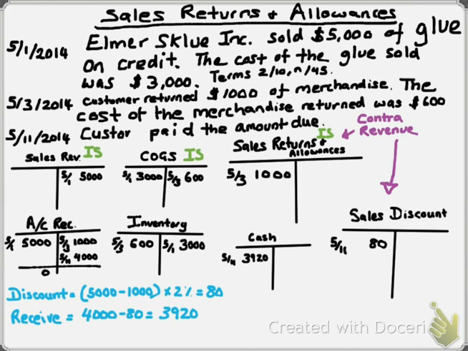Sales discounts are going to be in the income statement, and again it is subtracted from sales revenue to show your net sales. So net sales in your income statement is equal to sales revenue minus sales returns and allowances minus sales discounts. Next, we're going to take a look at the other three, accounts receivable, inventory, and cash, and you know that all those three are balance sheet items.